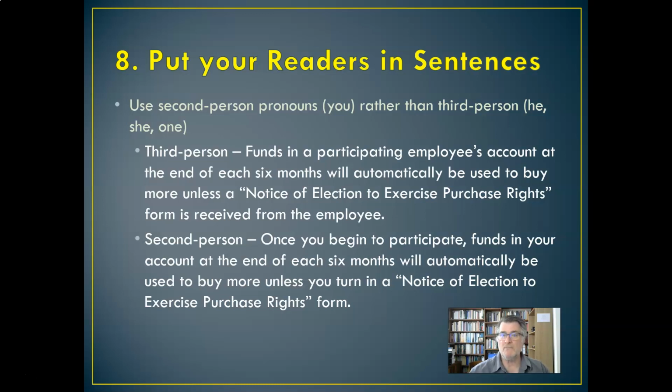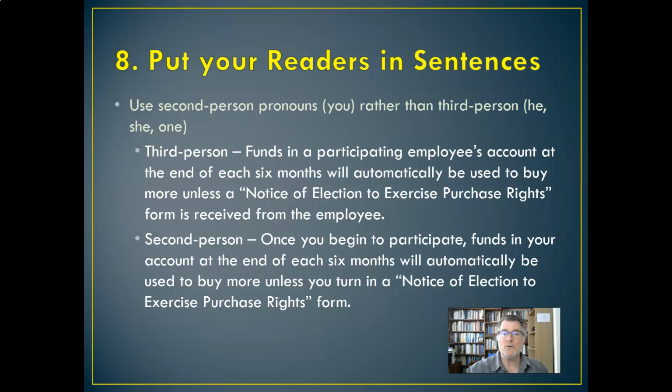But the third person makes it sound very almost dispassionate and objective. It doesn't necessarily work. What happens is the person reading it may not get the message, may not realize that, oh, I've got to do something. So the second one here, once you begin to participate, funds in your account and so on, unless you turn in a particular notice.